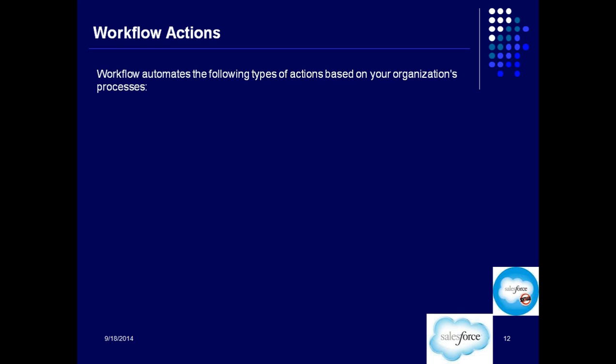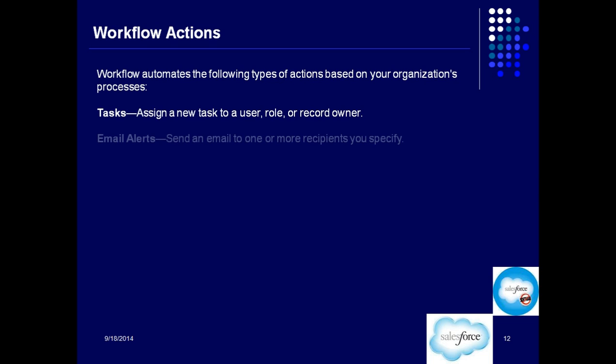So workflow automates the following types of actions. Now your next question would be, what all actions can be automated through workflow? Workflow automates the following types of action based on your organization's process. It can automate the task assignment, assign a new task to a user. Email alerts, it can send an email to one or more recipients you specify.